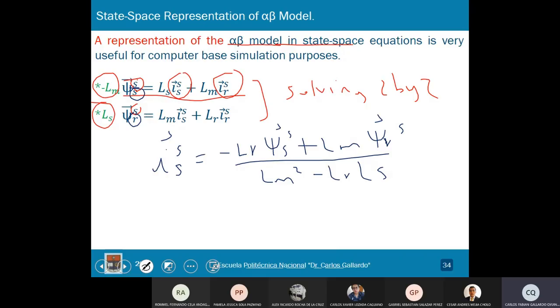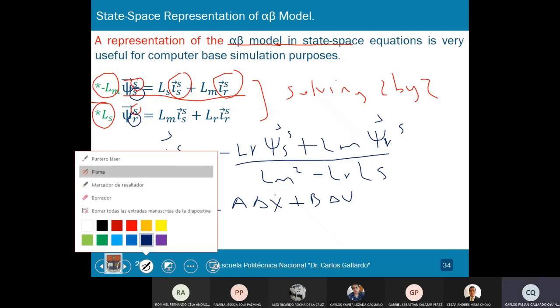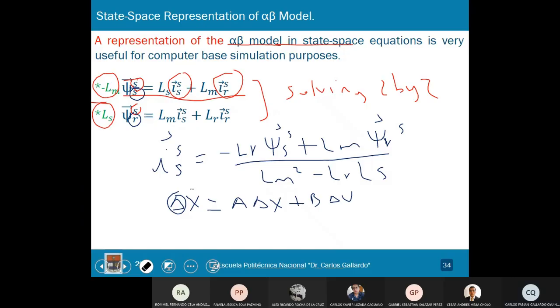Do you remember from control theory, in the state space representation, with a small deviation, I will have the derivative of the states equal to the matrix A, the state matrix, times the small change in the states, plus B times the input.